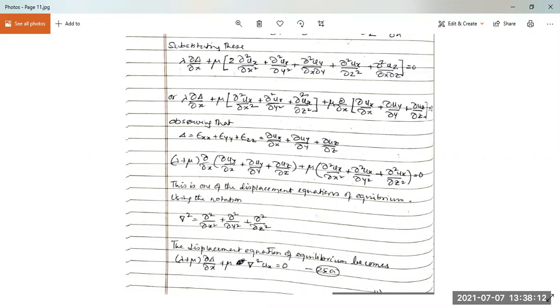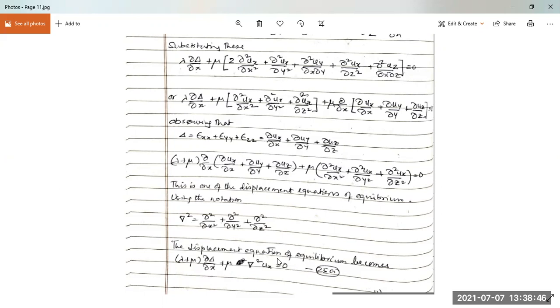So what we are getting here is ∂Δ/∂x, because Δ is already reduced to ∂u_x/∂x, ∂u_y/∂y and ∂u_z/∂z. In place of this one we put Δ and get ∂Δ/∂x, and in the case of this one we put ∇², ∂²/∂x² and so on, that is ∇² multiplied by u_x. This is the displacement equation.